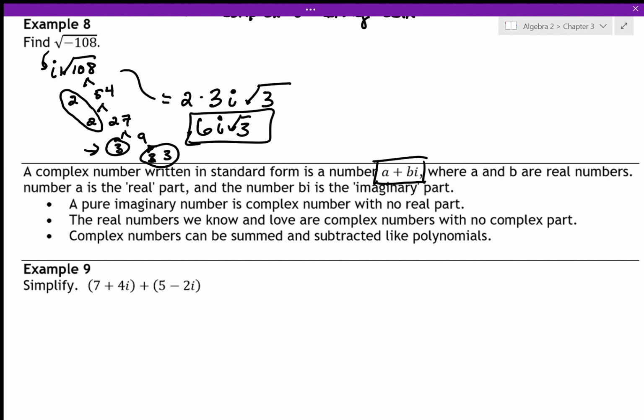The big thing that's a little bit different than what we've done before is, think about y equals mx plus b, slope-intercept form. We've all used that before. We put the x in the front spot, whereas with the imaginary, we put the i at the very end. So you can read this blurb if you'd like to. I'm going to go on to example 9.